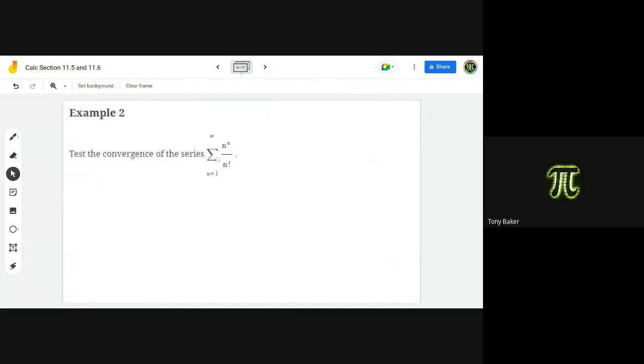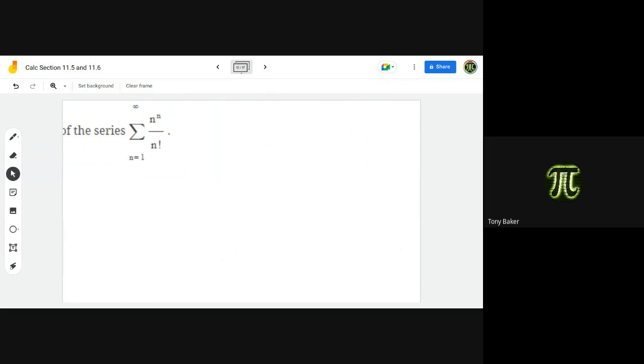All right, let's look at this one. You'll notice the two tests, the ratio test and the root test, have a tendency to deal with problems that are crazy looking, where the other tests work really well with things that we know.